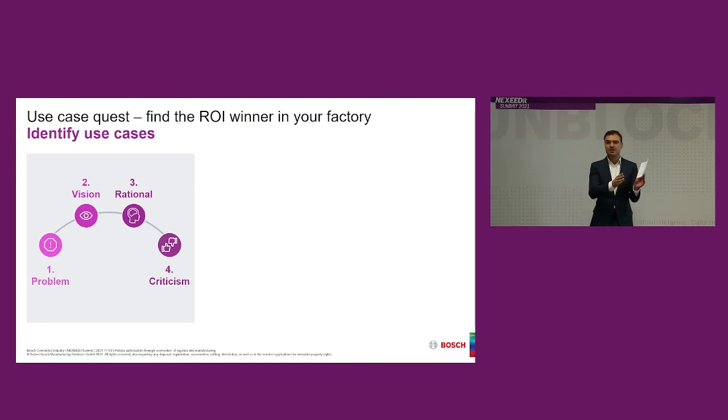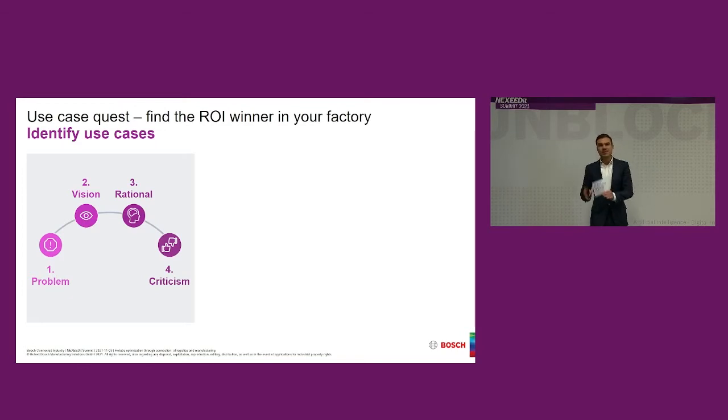Take this part to the next step, visionary phase. Here you're thinking about what would be an ideal world without problems, an ideal situation. And this ideal world, these ideas from the visionary, take it to the next step, the rational phase. And here we're taking these ideas and visions and thinking about, okay, how can we realize this vision?